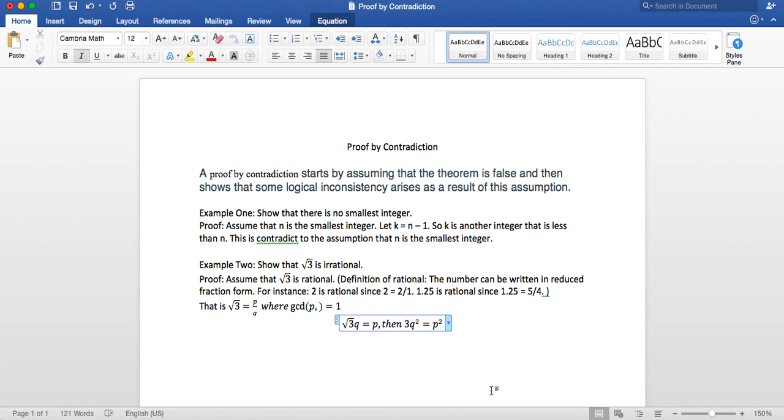Now, notice there is no common factor between p and q. But since the left side is a multiple of 3, the right side must be a multiple of 3. So p squared must be a multiple of 3.